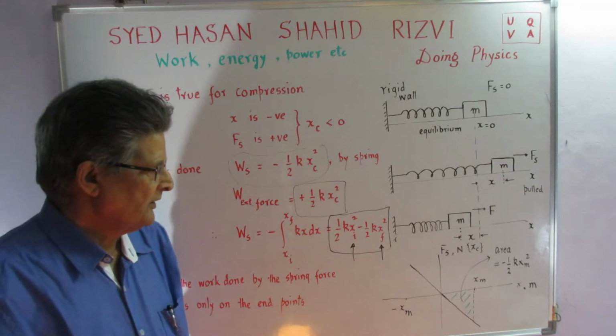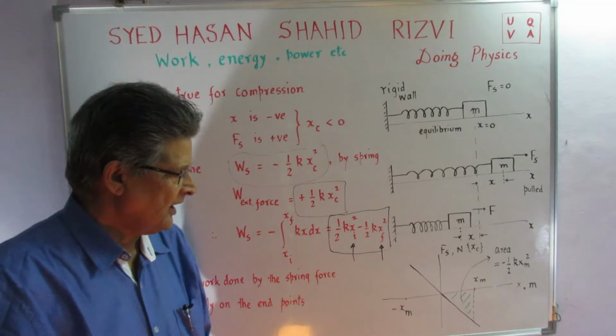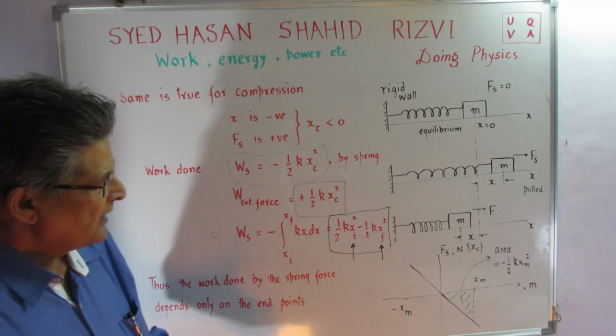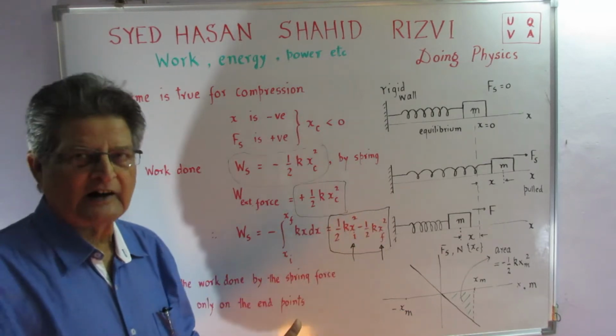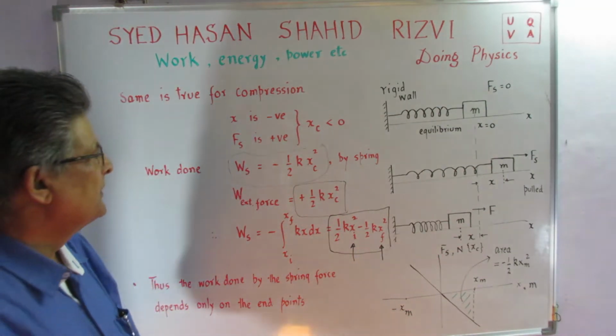I may add, for the benefit of those students who have learned something about the electrical phenomena, electric fields, electric forces, electrostatic forces, etc., which are said to be central forces, because the integral of E dot dr is path independent.